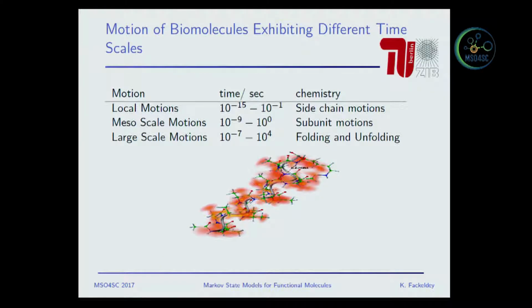And another challenge, so these were the scale challenges which I mentioned. Besides this, from the mathematical point of view, in this phase space each point represents a conformation, a state of the molecule. And for larger molecules, this state space can get really, really large and high dimensional.